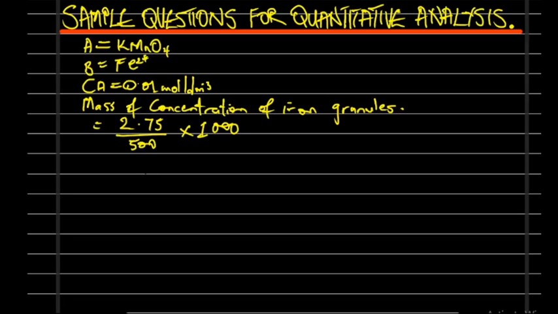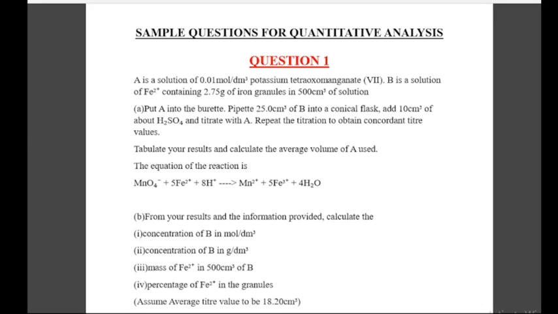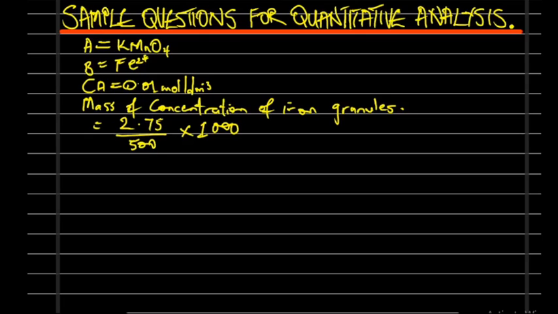They gave us the concentration in 500 centimeter cube, you can see it here. So we need to convert it to 1 dm cube. That is why we are going in this route. So 2.75 divided by 500 times 1000.